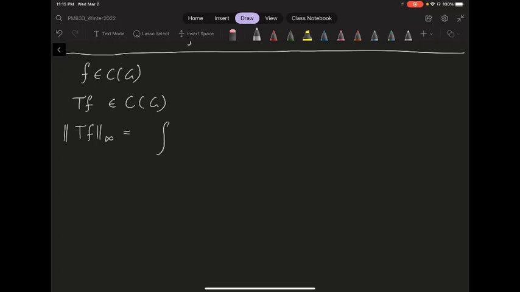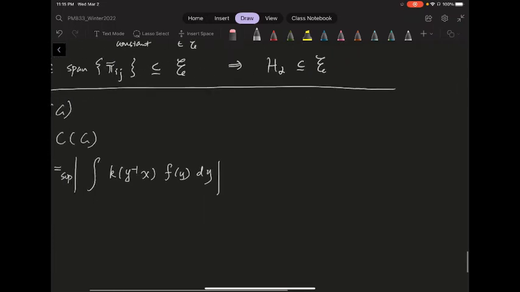So I write it as the little k, it's just no other than the convolution of f with this kernel k. So I have k of y inverse x, I have the f of y, and then I have dy, okay, this whole thing to, well, the supremum of all of these values.